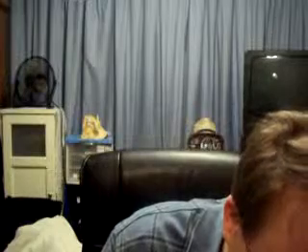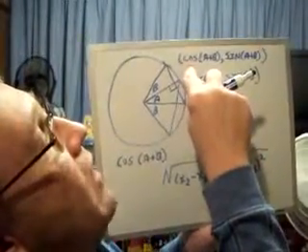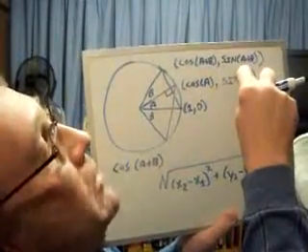Well, I'm going to tell you exactly what they were, and what they still are. So now, up here you have the cosine of a plus b and the sine of a plus b.